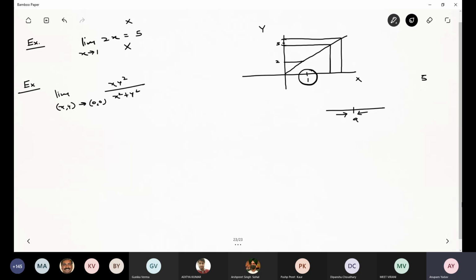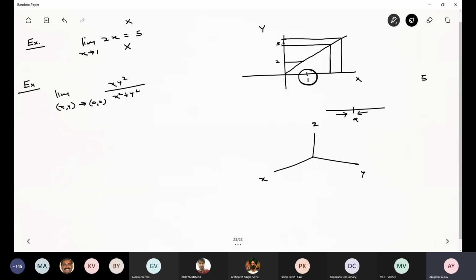Okay. So if I try to do the same thing in a two variable scenario, what would happen? This line will turn into a plane and this will look something like this. Suppose this is the x-axis, this is the y-axis, and this is the z-axis.